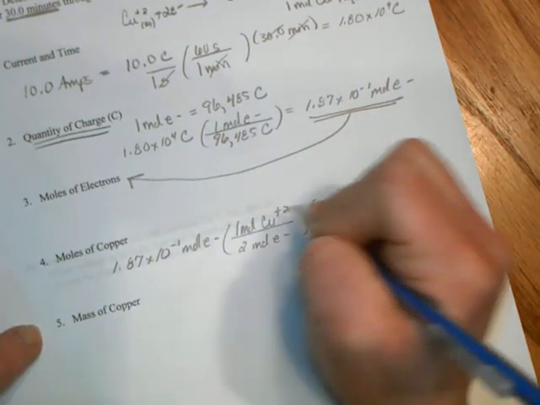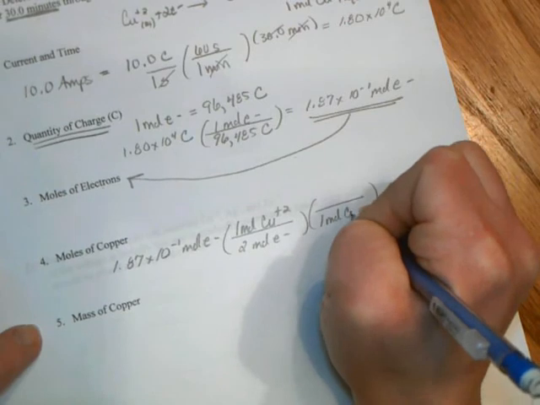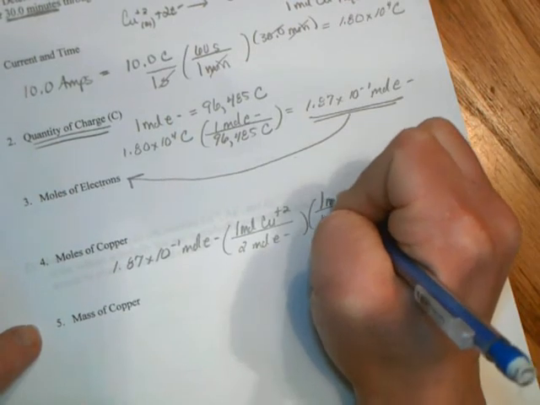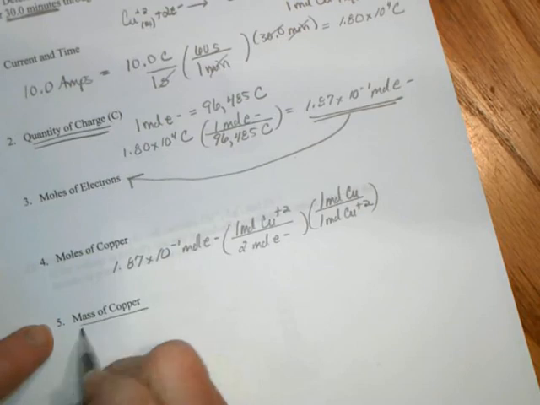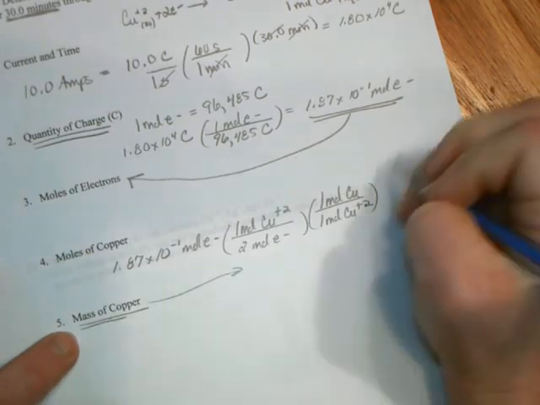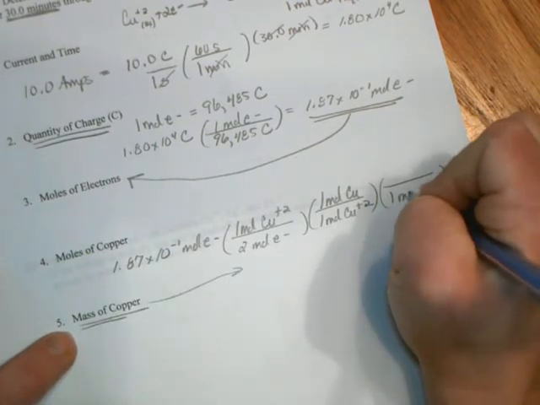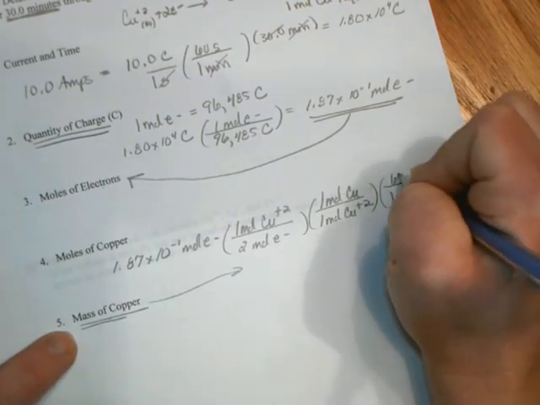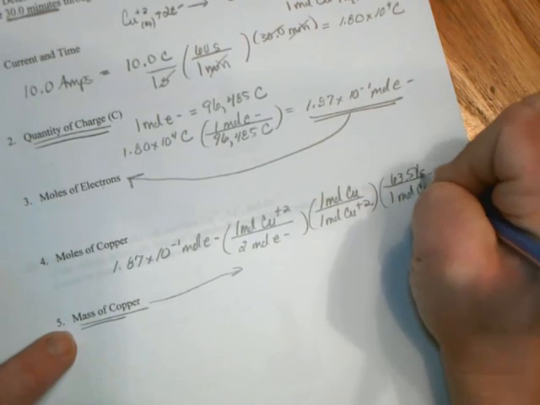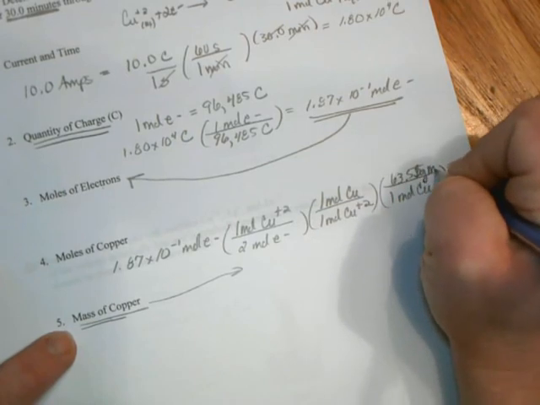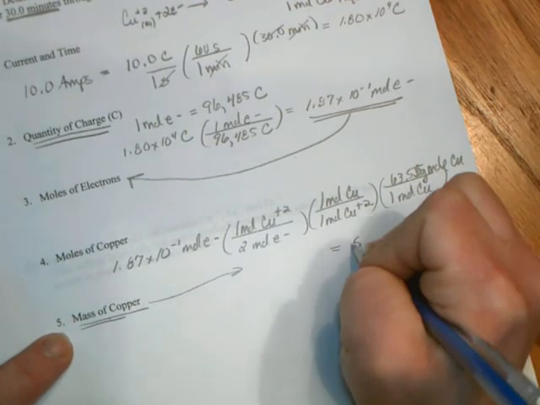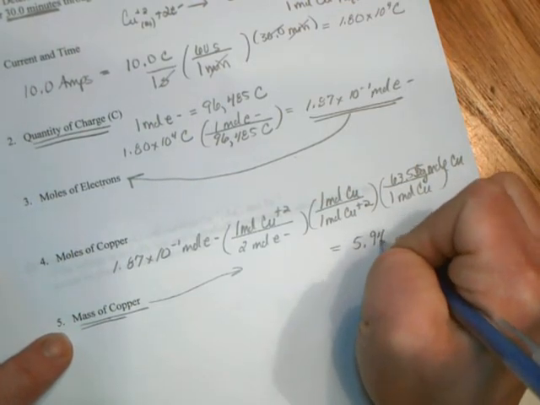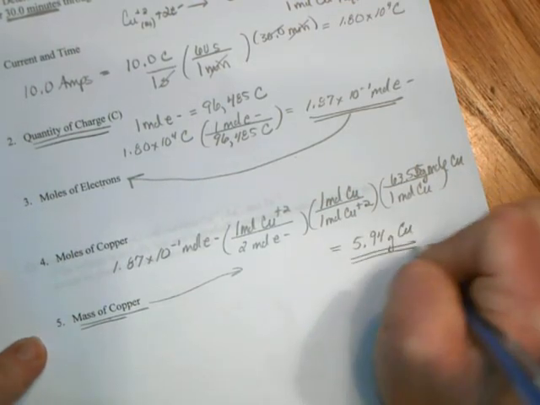And for every 1 mole of copper +2 ion, it's going to provide us 1 mole of solid copper. I'm going to continue to get the mass of my copper. We know that 1 mole of copper is 63.55 grams per mole. And so, doing this math, that will plate for us 5.94 grams of copper.